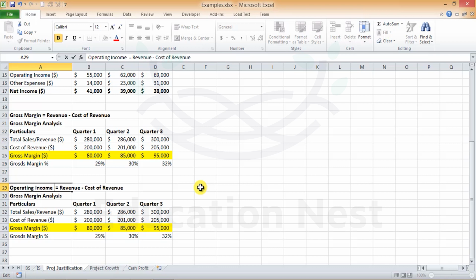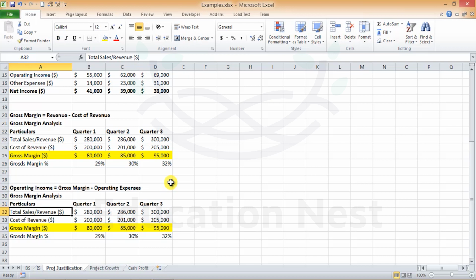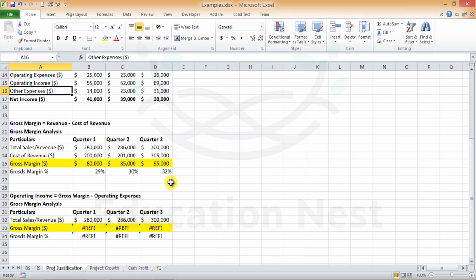Operating income is equal to your gross margin minus your operating expenses. So here we're going to be having now total revenues. Perfect. We don't need this cost of revenues, we need the operating income.